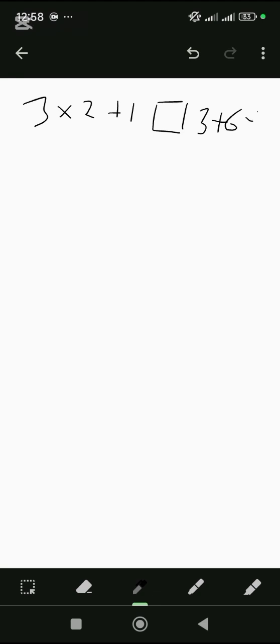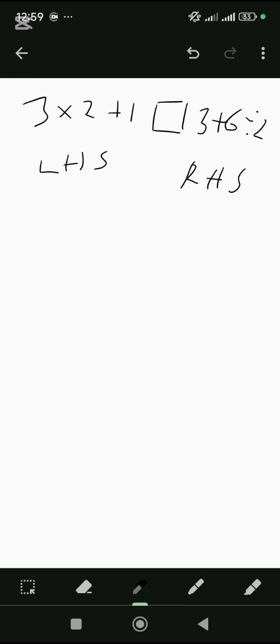Let's say, for example, we have 3 times 2 plus 1, and we're asked to compare this with 3 plus 6 divided by 2. Of course you know that we are going to be using BODMAS to solve this question. So here is the left hand side, and this other is the right hand side.